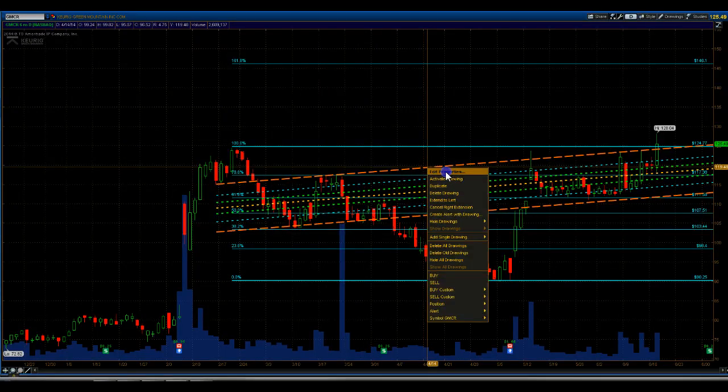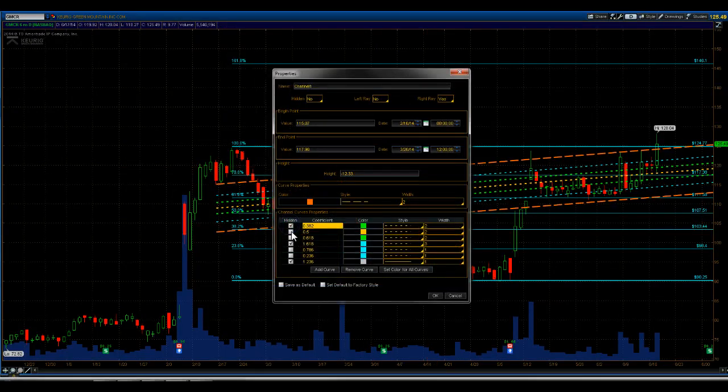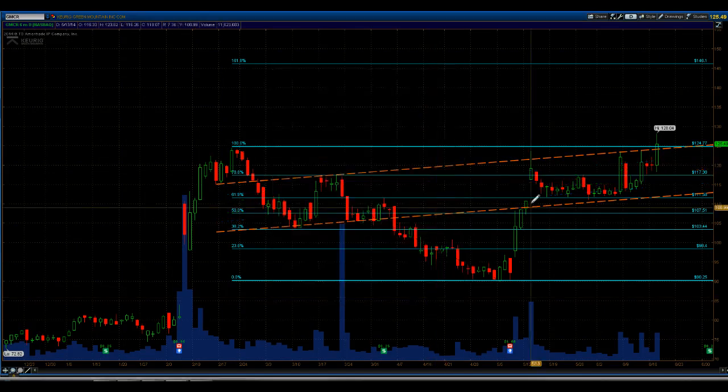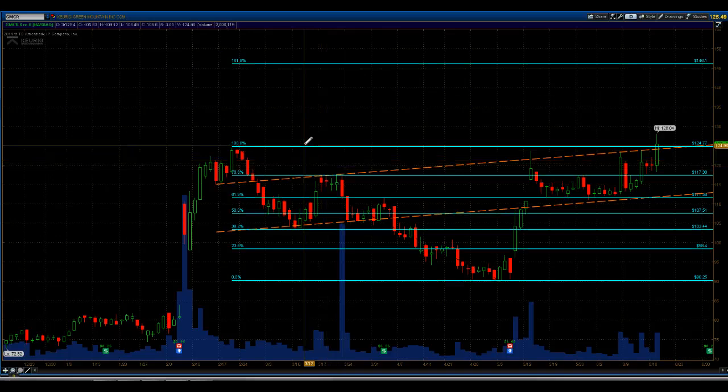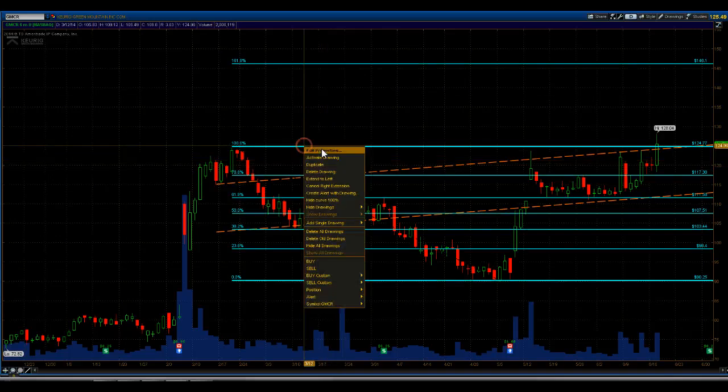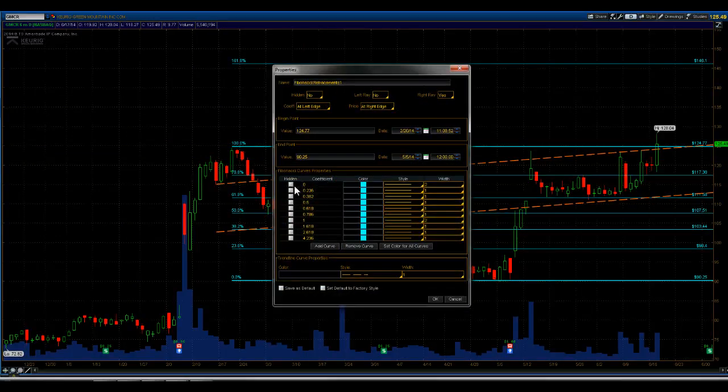I'm going to go ahead and delete out all these interior Fibonacci levels, as we do not need them. Then I'm also going to delete the interior Fibonacci retracements on the channel, as they're no longer relevant to the pattern.